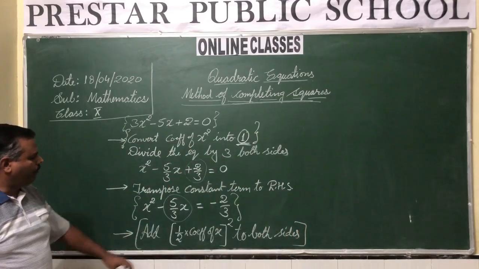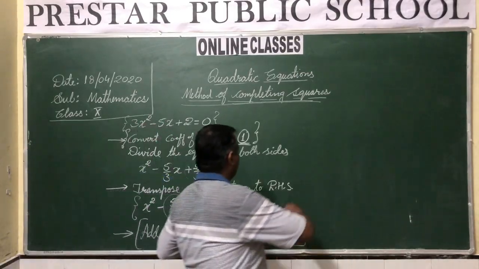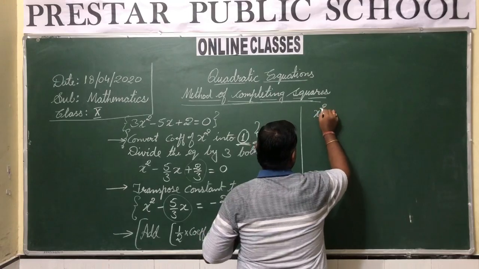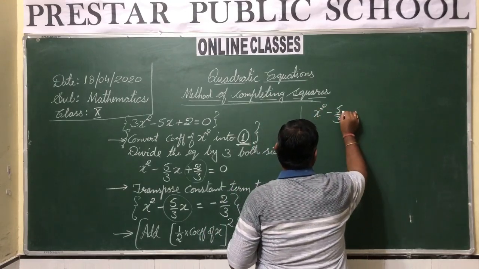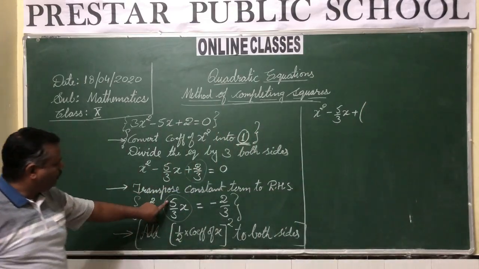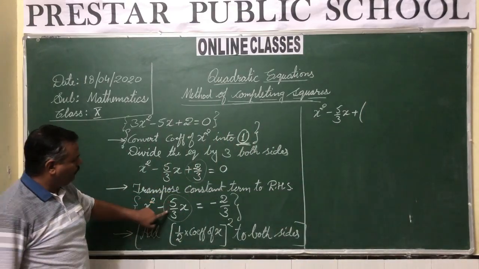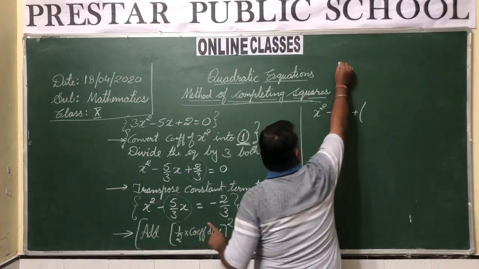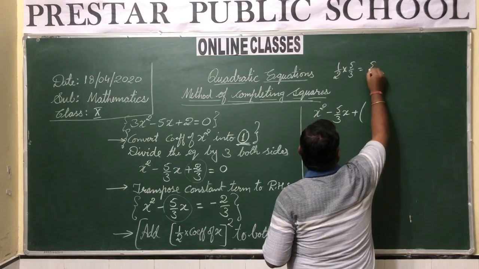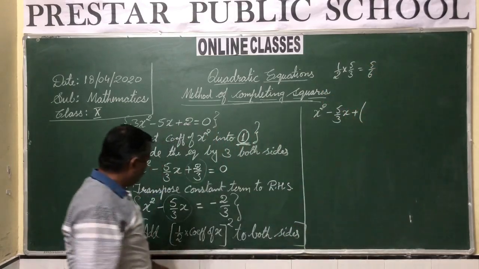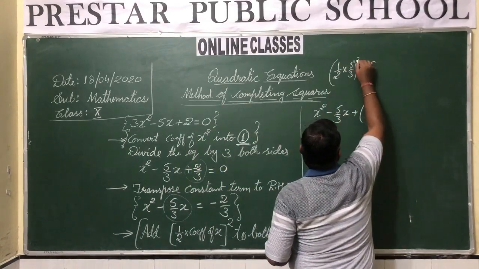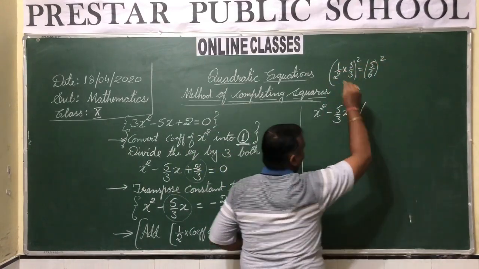So we will add half the coefficient of x, whole square, to both the sides. We have x squared minus 5 upon 3 x plus, and half of 5 upon 3 means half multiplied by 5 upon 3, that is 5 upon 6, and we take the square of it, 5 upon 6 whole square.